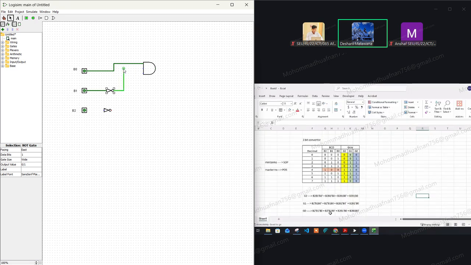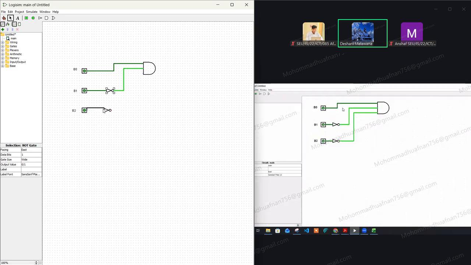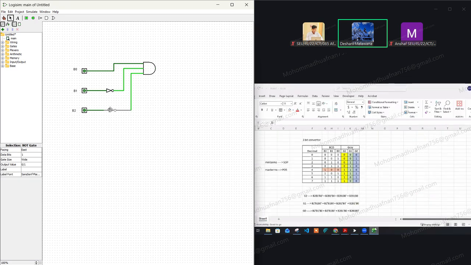Then the second one: 2 and 0 are not. Others are normal. Other means 1 is normal, I think. Yes, 1 is normal.